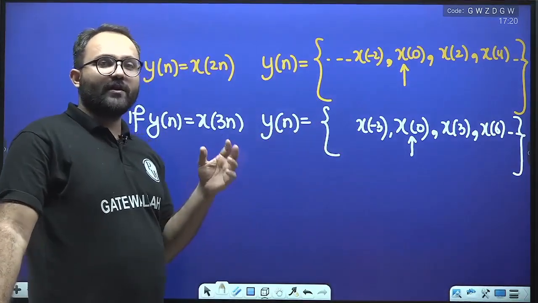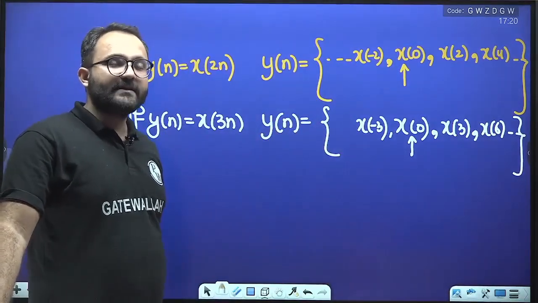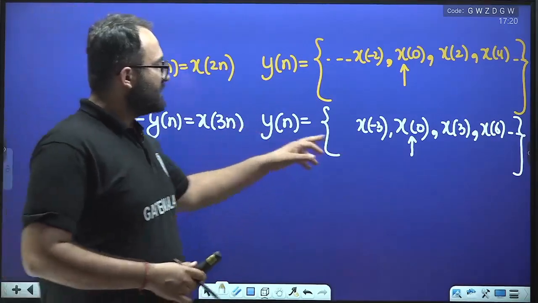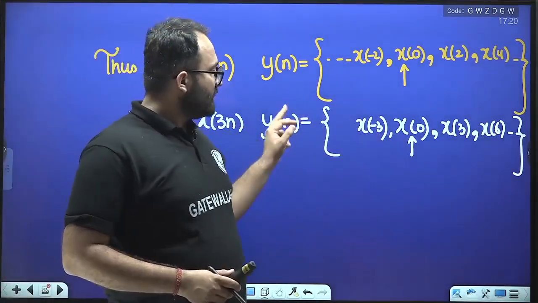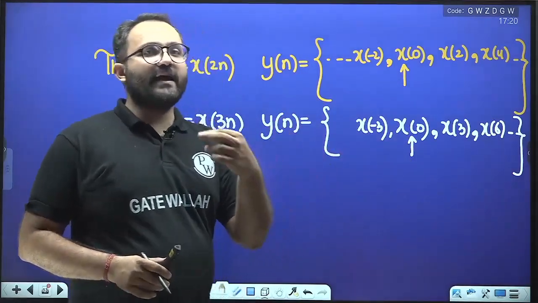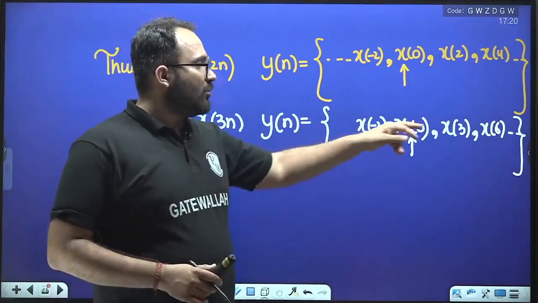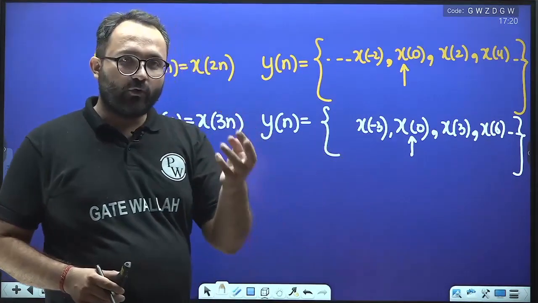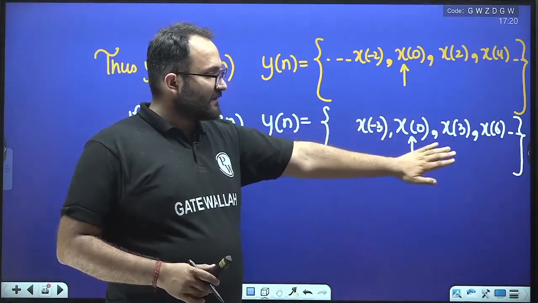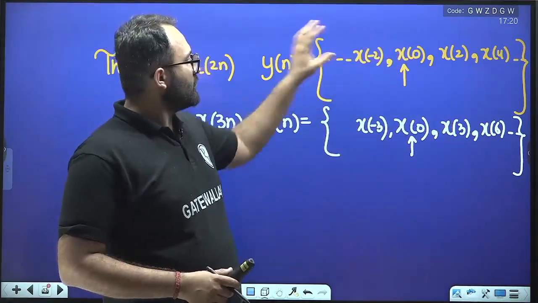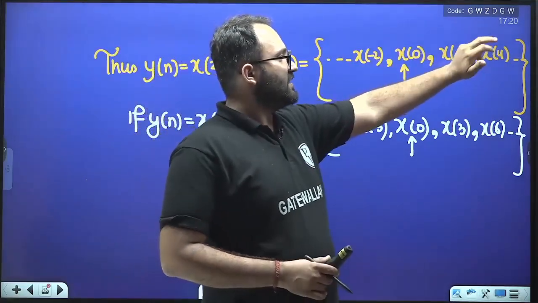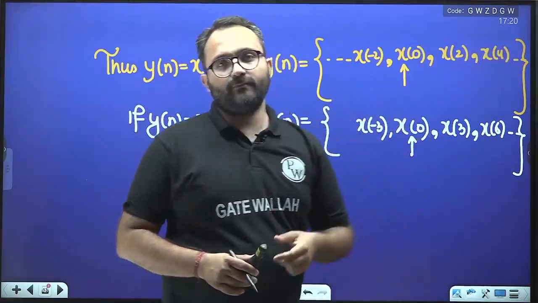I hope all of you are able to understand that here we are losing samples. In the first case we have lost the samples x1 and x2, and x4, x5. Similarly, in the other case we have lost the sample x1, x3, x5, and so on.